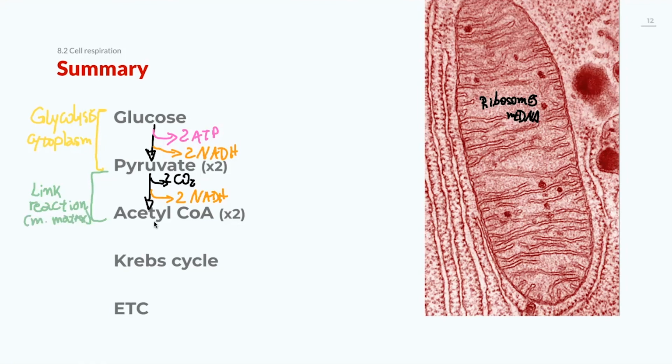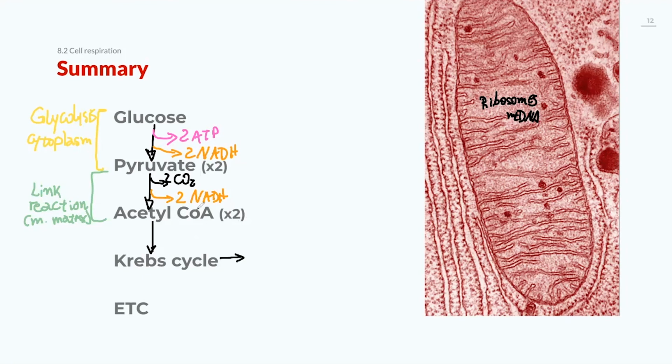Then the acetyl coenzyme A will go into the Krebs cycle. The coenzyme A will go back for another pyruvate, but the acetyl part will be combined with oxaloacetate and go into that journey that ends up in oxaloacetate again.